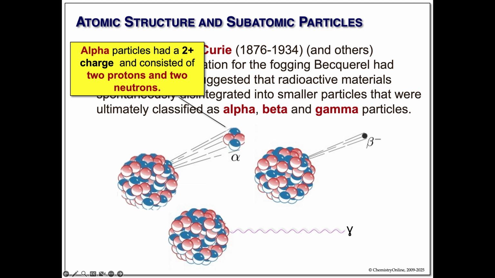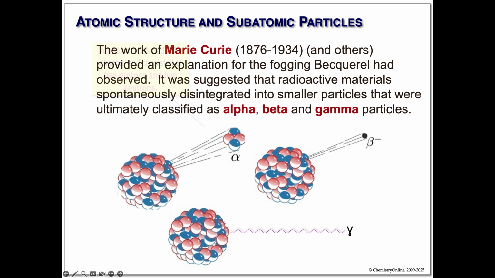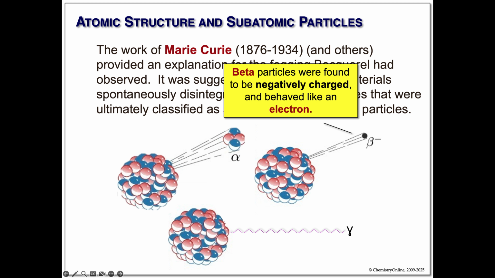It's a helium nucleus. So somehow this big nucleus is breaking apart and emitting this chunk called an alpha particle. Beta particle was puzzling. It had a negative charge, behaved exactly like an electron. In fact, it is an electron. But what's an electron doing in the nucleus? That was the real question.